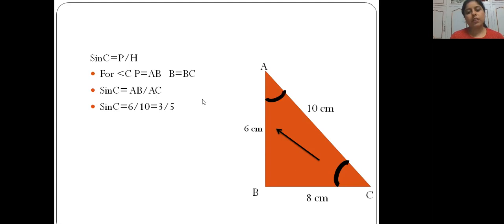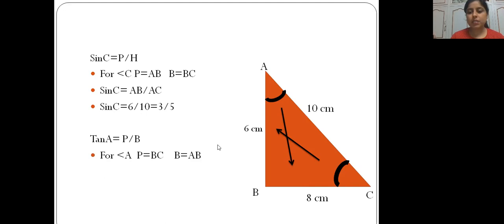Now I have to calculate the value of tangent A. Again, for this tangent A, we have to consider this acute angle A. And if I consider this acute angle A, then perpendicular becomes the opposite side of this acute angle A, that is BC, and AB becomes a base, and AC remains fixed as a hypotenuse.